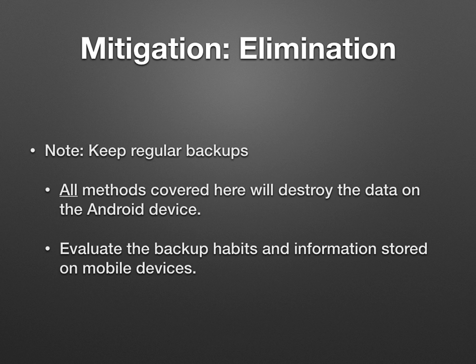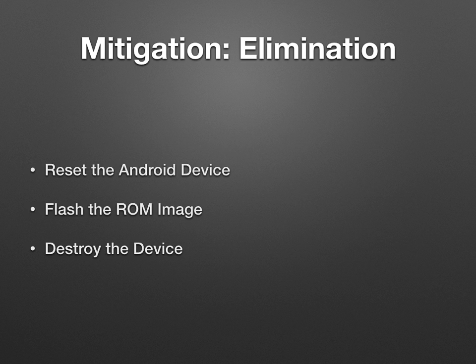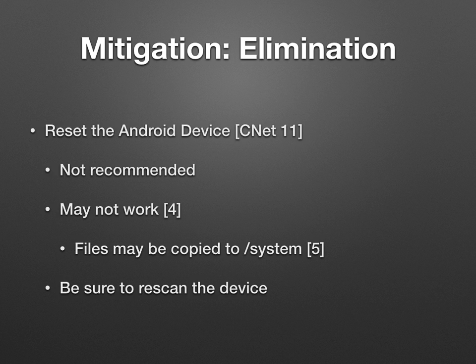Now, elimination. First of all, none of these methods are going to preserve the user data, so you're going to want good backup methods. With that said, there are three methods: resetting the Android device, flashing the ROM, and destroying the device. The reset method is recommended by CNET, but not by me.